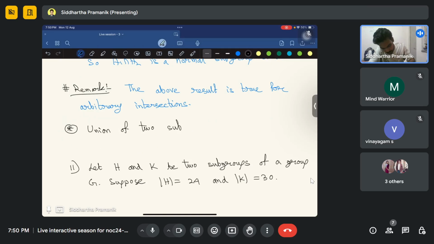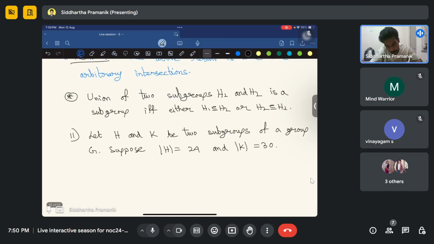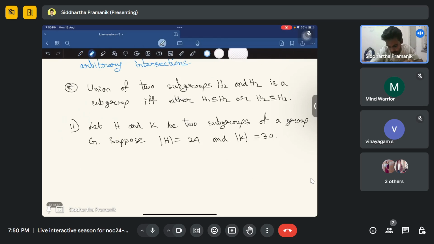The union of two subgroups H1 and H2 is a subgroup if and only if either H1 is a subset of H2 or H2 is a subset of H1. So you can try to prove it by yourself, or you can refer to any standard book also, or you can come back to me in the next session.